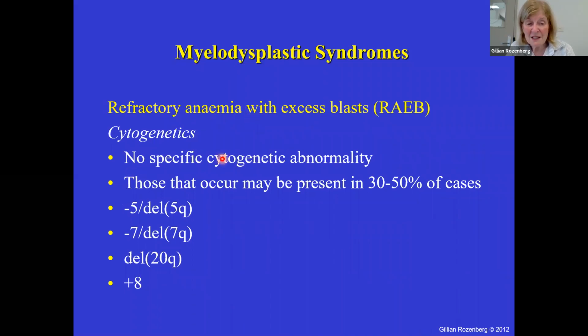Looking at the cytogenetics, again, no specific abnormality, but these are the cases that occur in about 30 to 50% of cases. And again, it's the same chromosomes that keep reoccurring. So it's easy to remember.